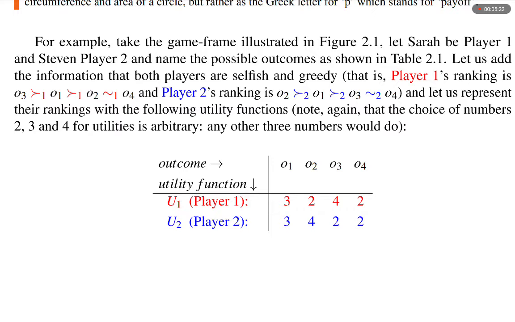And let us represent their rankings with the following utility functions. Note again that the choice of numbers 2, 3, and 4 for utilities is arbitrary. Any other three numbers would do.